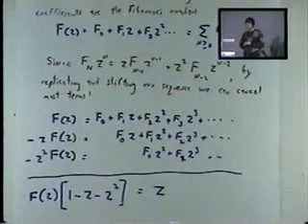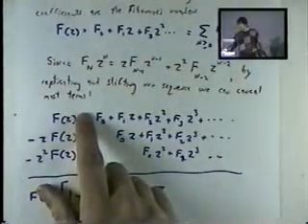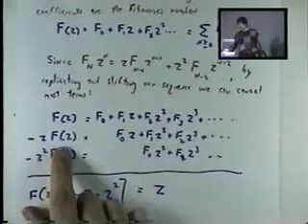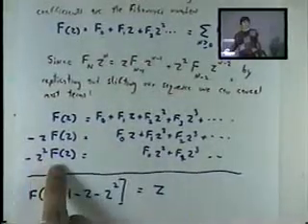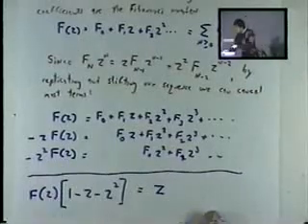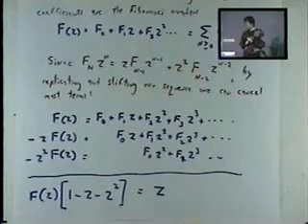What if I now ask you, what is f of z minus z f of z minus z squared f of z? All the terms are going to cancel except for what? Why is it going to cancel?